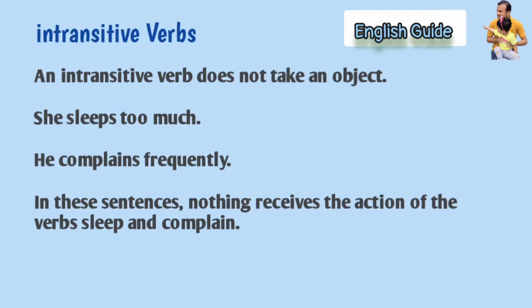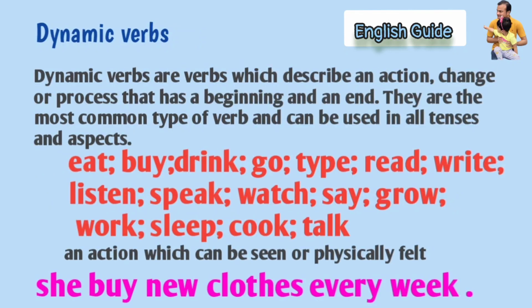Coming to the next thing, dynamic verbs. In a simple way to say it, what are dynamic verbs? Dynamic verbs are the simple verbs which must have a beginning and ending, and we can see it or physically feel that.